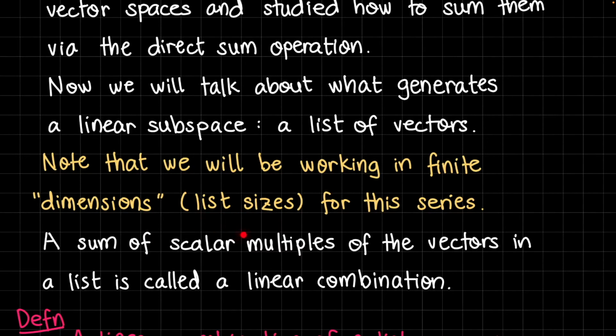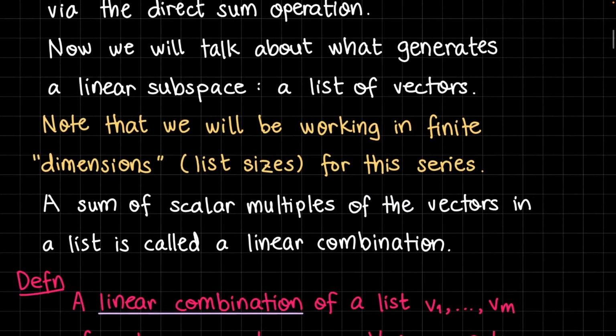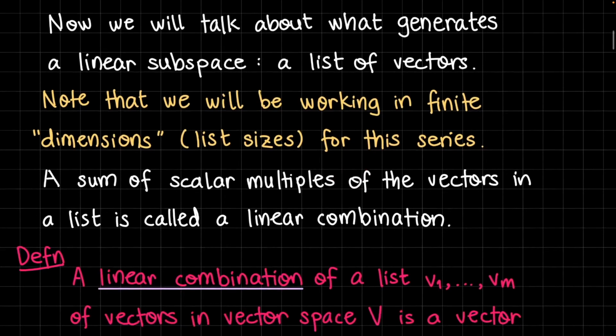So the list size would be finite, which is kind of true by the definition of lists, that lists have finite elements in them. And that will be the theme of this series, to work in finite dimensions. Infinite dimensions is a completely different and advanced topic of linear algebra, so that's really out of the focus for this series.